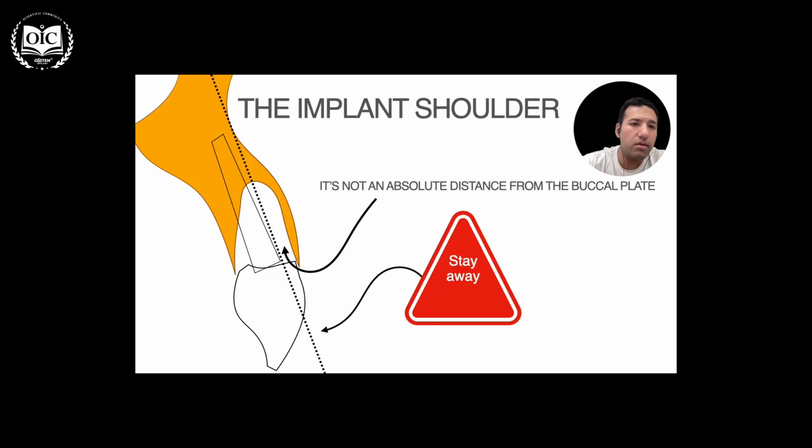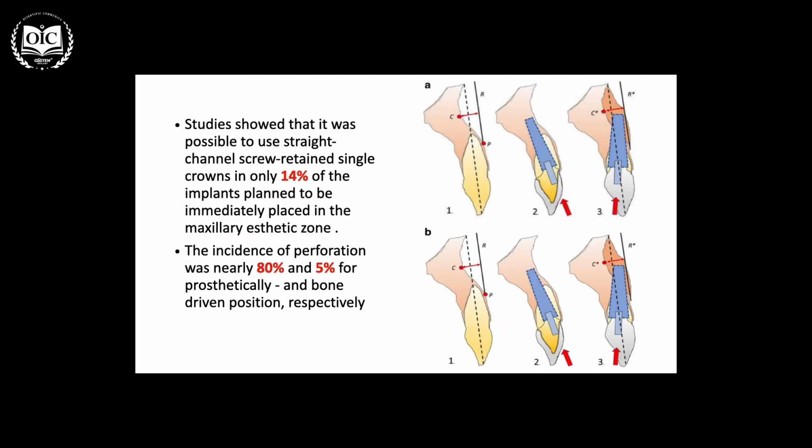The second thing is the implant shoulder position, and it has been a regimen nowadays in the past maybe 10 to 15 years to go palatal with our implants as much as possible. And that is why, especially with immediate implants in the aesthetic zone, the buccal concavity can affect the resorption pattern of the bone after implant placement.